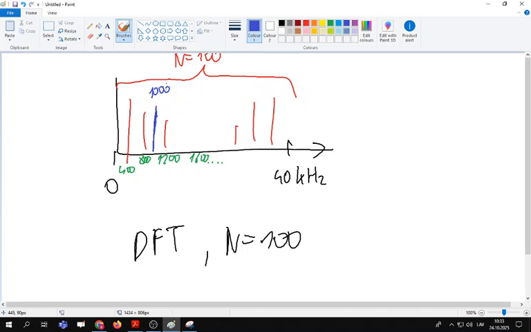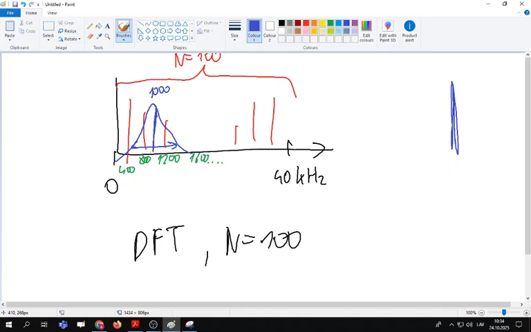So, for example, in this particular case, your spectrum can contain only information about 400, 800, 1200, yes? But not about 1000. 1000 is in between 800 and 1200. So what is going to happen is the energy of that actual component is going to be smeared across the neighbors, yes? And instead of having one precise component, you will now have some kind of area of the spectrum.